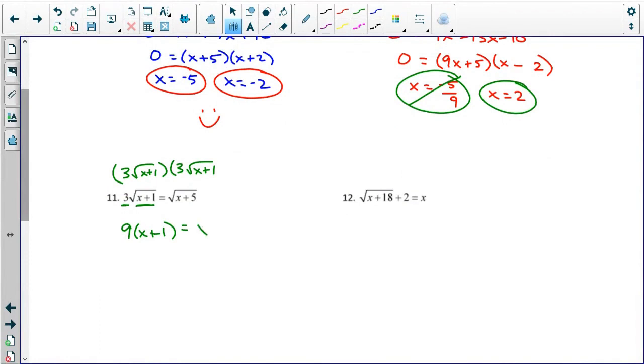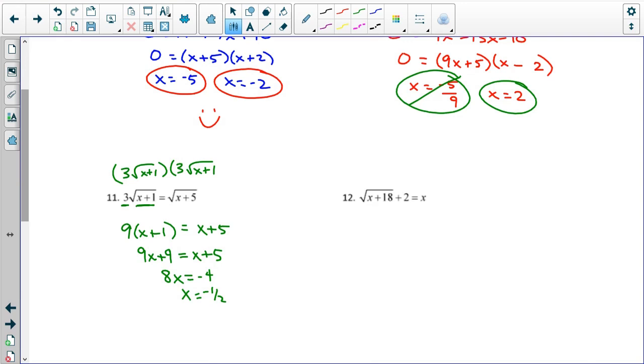So I will continue. I squared the right side, and that's x plus 5. So 9x plus 9, use the distributive property, equals x plus 5. 8x equals negative 4. X equals negative 1/2.